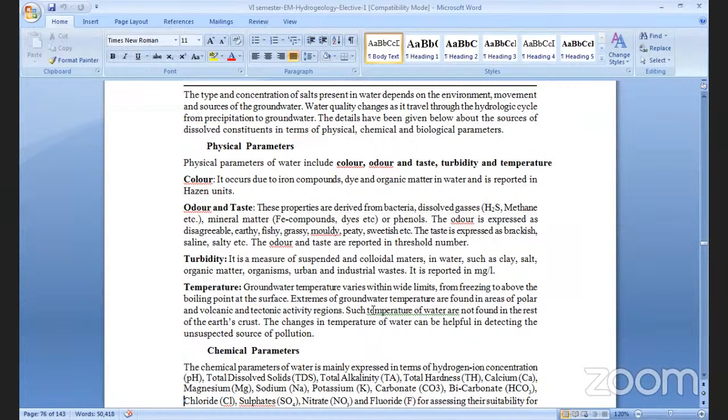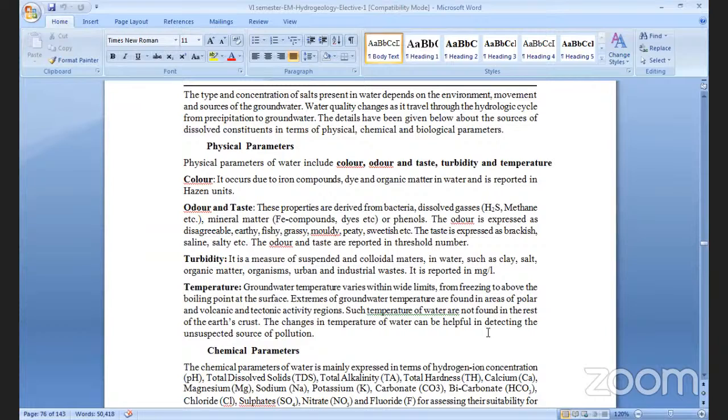Color occurs due to iron compounds, dyes, and organic matter in the water, reported in Hazen units. Odor and taste properties are derived from dissolved gases and materials, like silica materials, and are related to hydrogen gases like H2S, methane, etc., and mineral matter, iron compounds, or dyes.